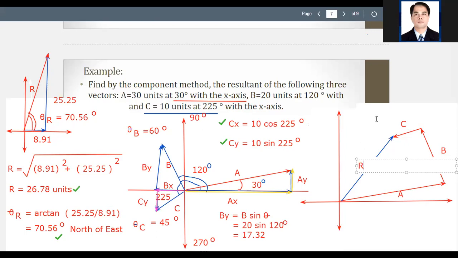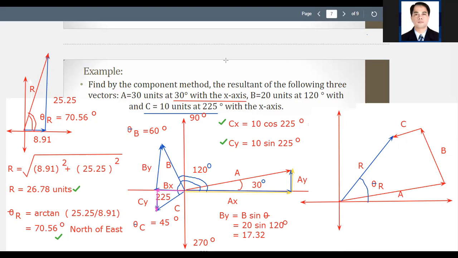If we draw that carefully or use the proper scaling, most likely we will still end up with the same angle theta sub R. So the drawing will be consistent with our component method, and we see that it is still found in quadrant 1.